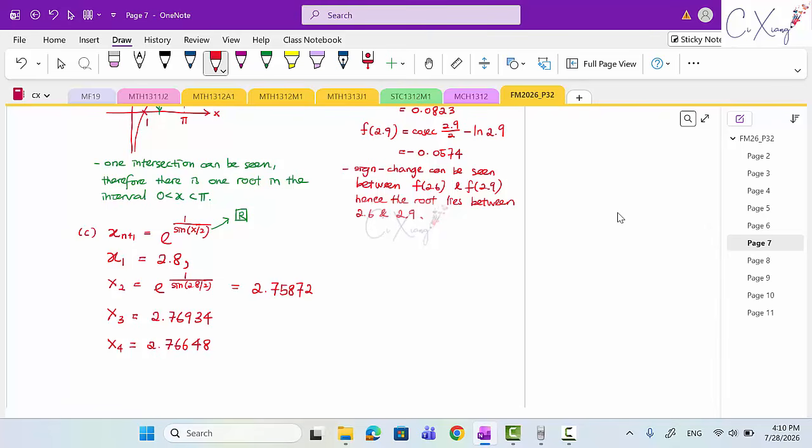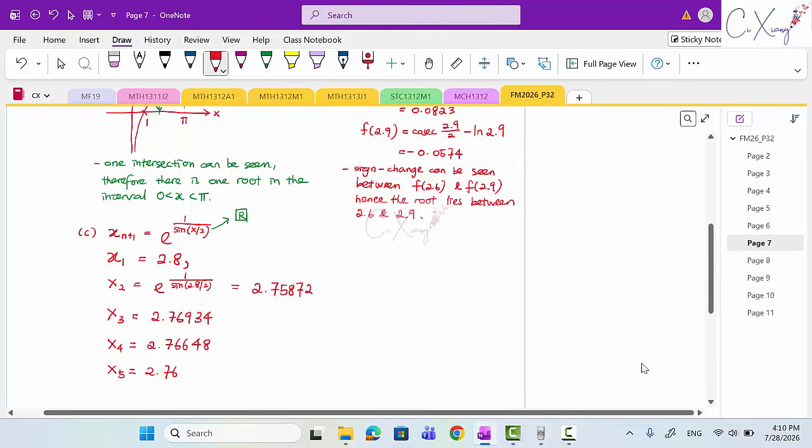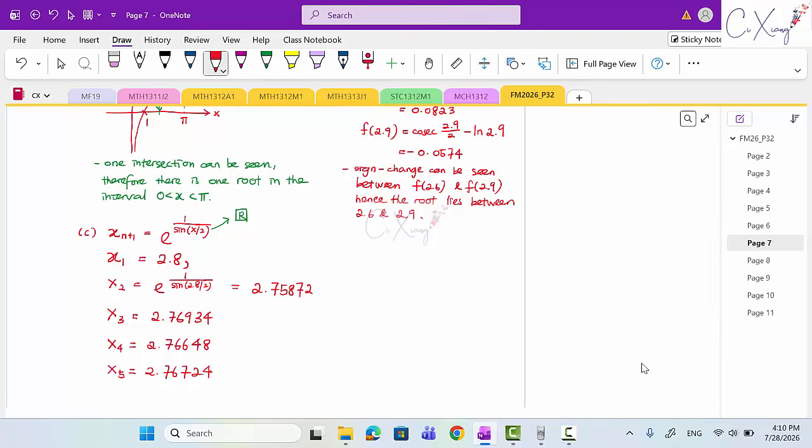Then let's continue further for x5. Go to the calculator one more time, repeat the process, press calculate, then 2.76648, then press equal sign, and we get 2.76724.